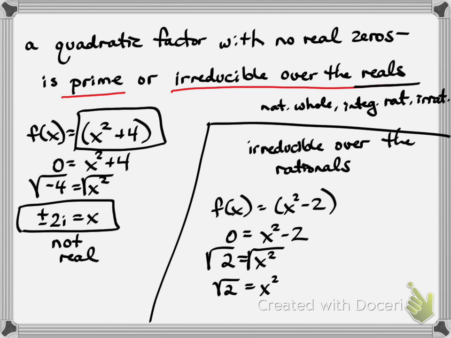Anytime you get a square root of a number that's not a perfect square, like 2, then it's a non-terminating, non-repeating decimal. It's 1.414 and so on, and it never stops, never repeats. So it's not rational. I can't take that and write it as a ratio or a fraction. So this one's irreducible over the rationals, and we would need to leave it this way.